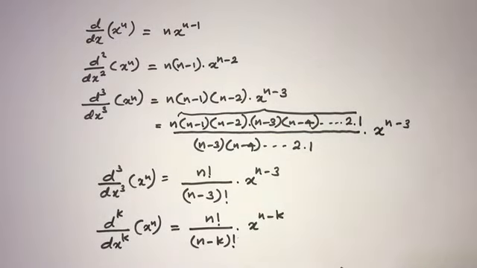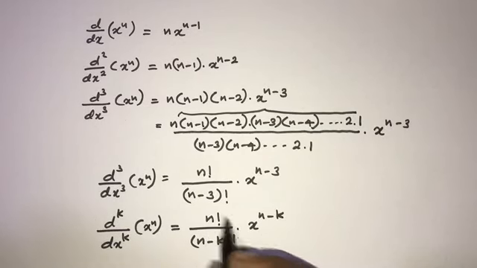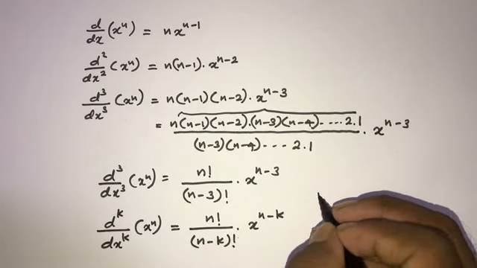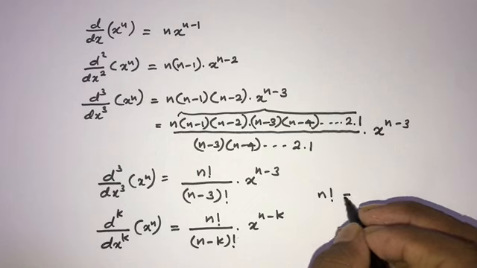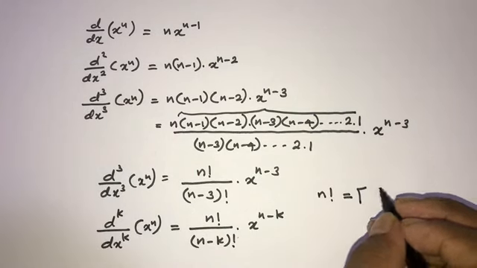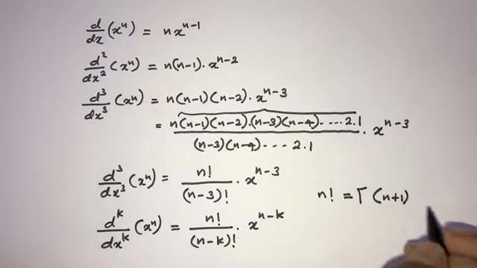Now, the definition of factorial: we know the gamma function, n factorial is equal to gamma of n plus 1.